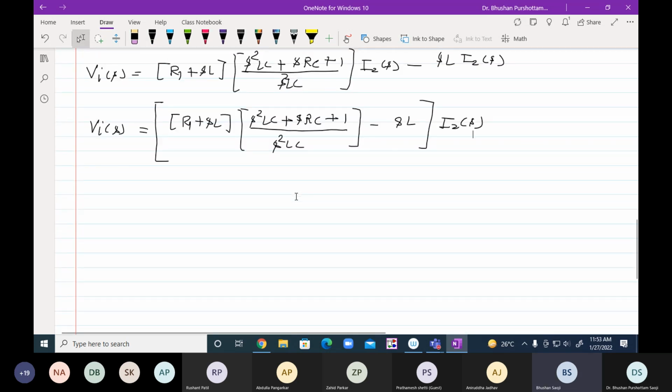So we can write down Vi of S equals R1 plus S into L as it is.